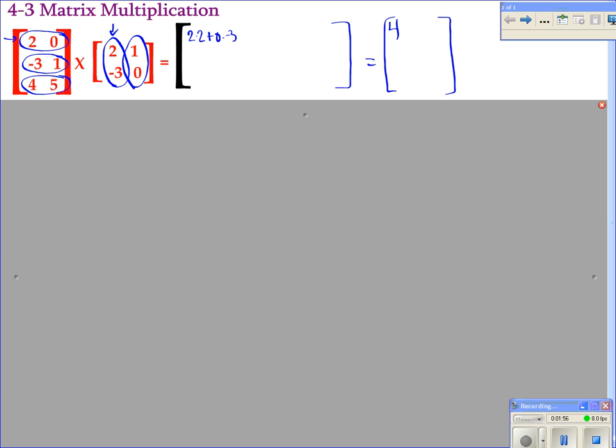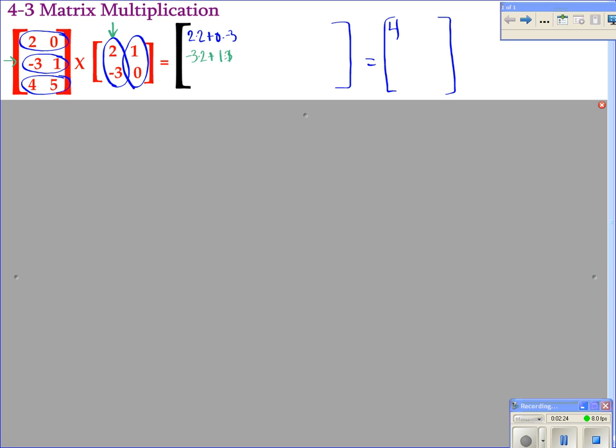All right, if we want the number right below that, which is in the second row, first column, we need the second row and first column. So we take the first number times the first number, and we will add it to the second number times the second number.